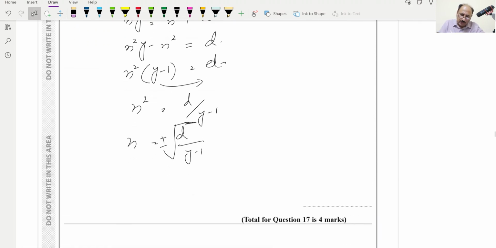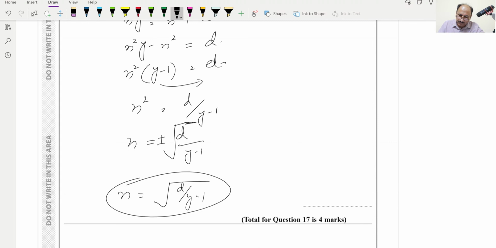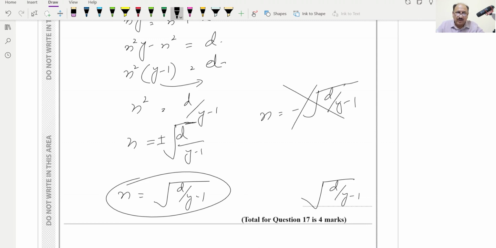So these two values which we have written over here, plus minus, here we can provide plus minus, but as an answer we will write n is equal to root of d over y minus 1. This one we will accept, and we will reject minus root of d over y minus 1, and the reason we will write is given that n is greater than 0.